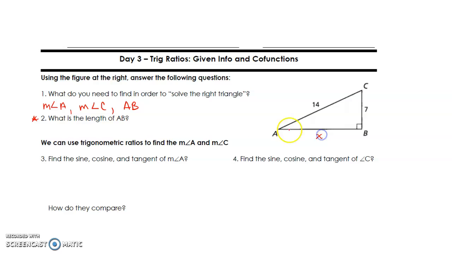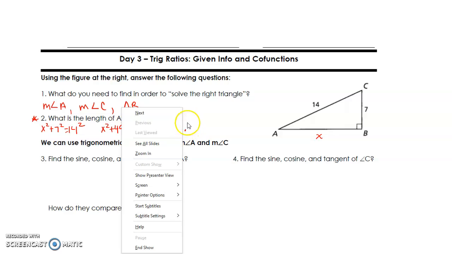I'll label that as x, and you would just set this up as x squared plus 7 squared equals 14 squared. So you would end up with x squared plus 49 equals 196. Subtract 49 from both sides, you get 147.